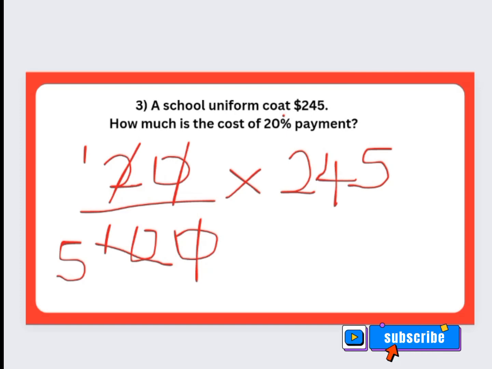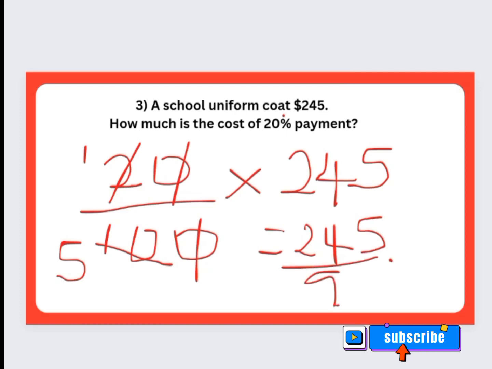And we can also use 5 to divide 245. When we do that, we have 245 divided by 5, and we're going to have 49. Okay, so we have our $49.